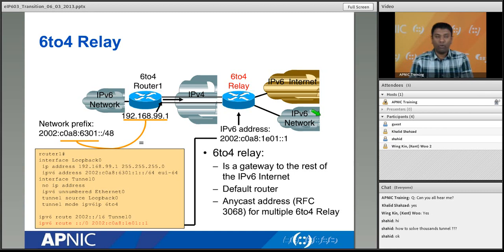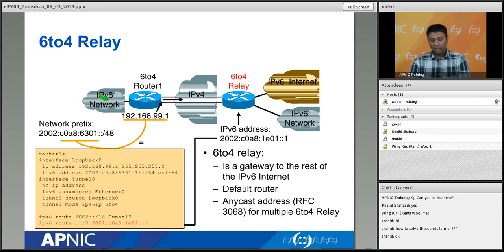Whoever would like to run a 6to4 relay site, for those operators there is a special address defined by the IETF in RFC 3068. That anycast address is 192.88.99.0 in IPv4.